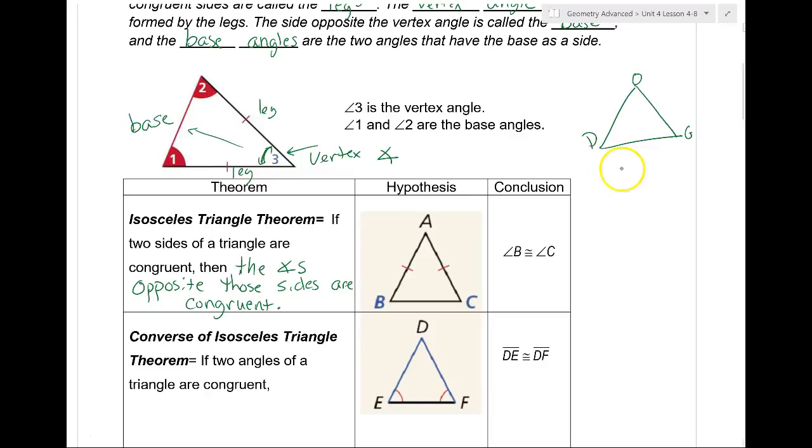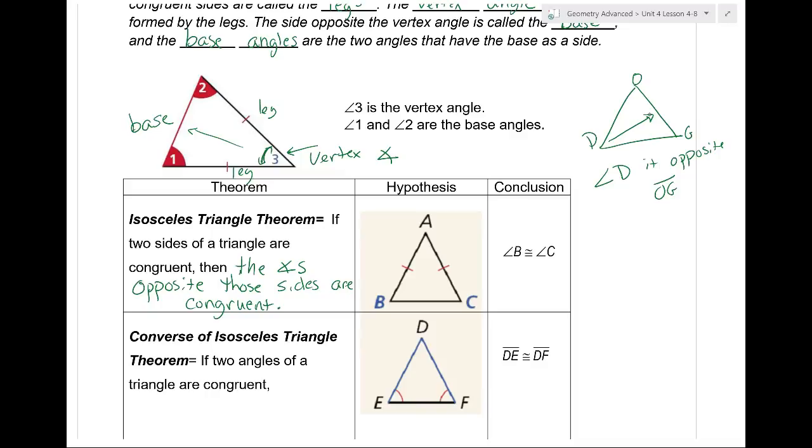If I'm talking about angle D, it is opposite segment OG. It's always opposite the side that doesn't make the angle. Notice the other two sides of the triangle make that angle. And then angle D will be included between them.